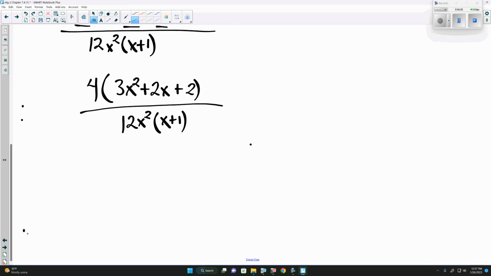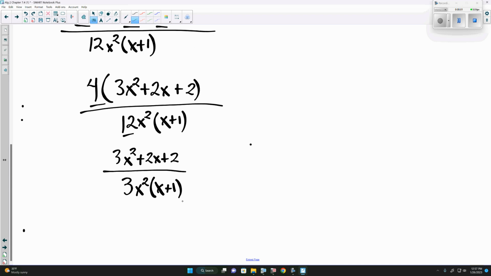Now, the reason we do that is because we need to see if there's any like terms on top and bottom. Well, 4 over 12 will reduce. The 4 will reduce to 1, leaving us with just the 3x squared plus 2x plus 2. But 4 over 12 reduces to 1 over 3. So we get this here.